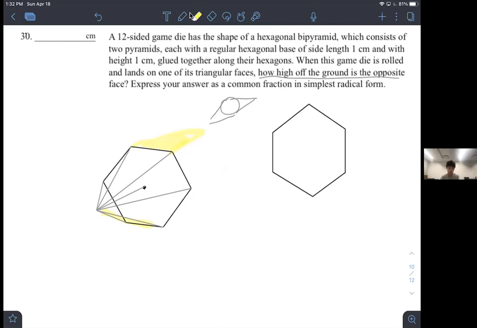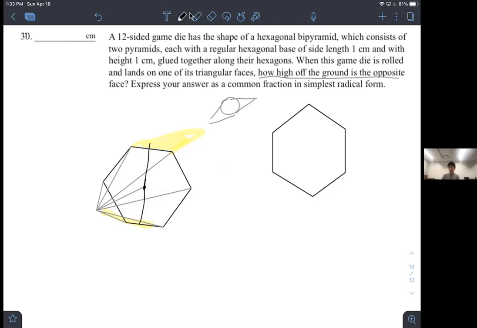Since these 2 triangles are parallel, the angle to the base, to this plane, is the same for both of them. So these 2 bases are parallel, and we're trying to find the distance between them. That means the distance will be the length of the perpendicular between them.